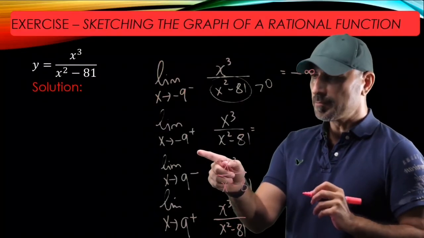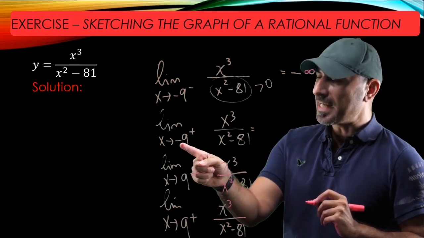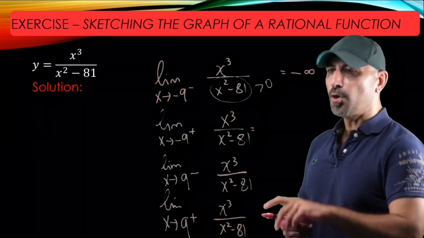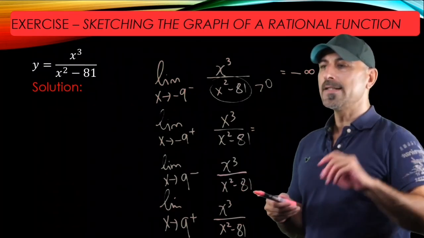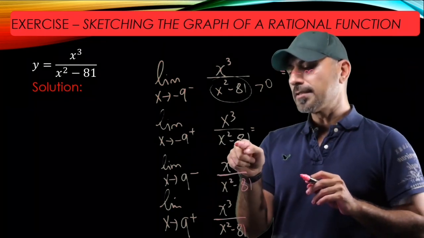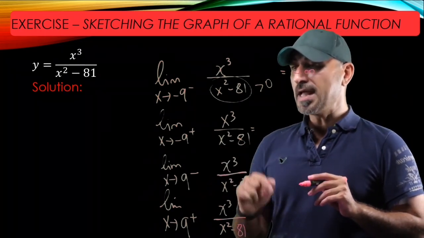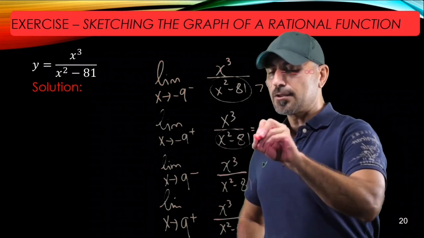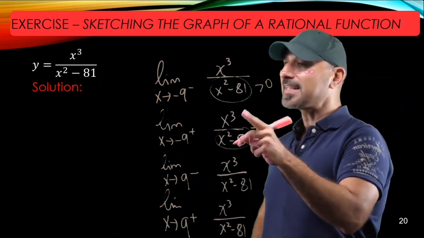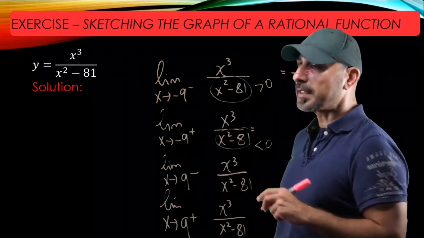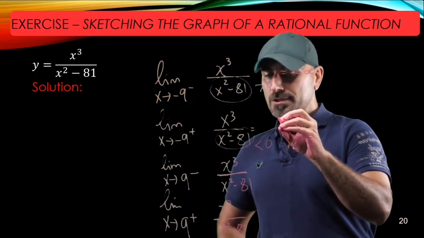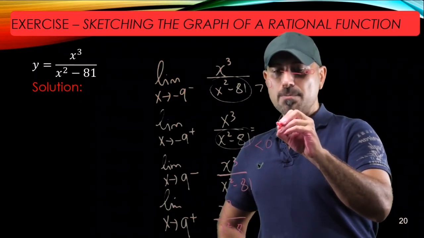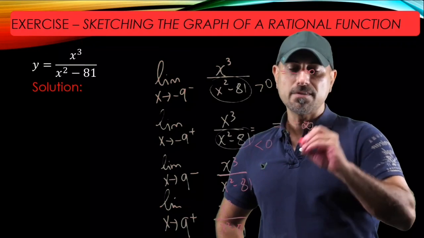Let's look at this one readily again. So you're on the right of -9. You're talking about points like -8.99999. If you take the square of that and subtract 81 from that, you will have this term be negative, whereas x cubed is still negative because you're talking about negative numbers. So in turn, this will be positive, going to positive infinity.